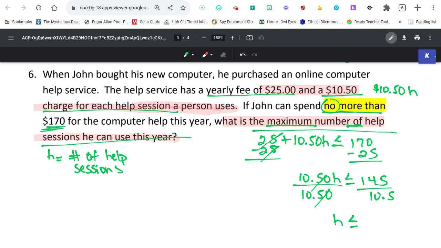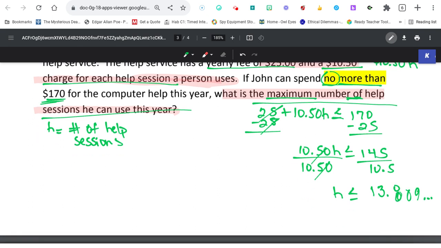So we're going to take 145 and divide by 10.5, and we get this weird number. So this says the number of help sessions has to be less than or equal to 13.8.